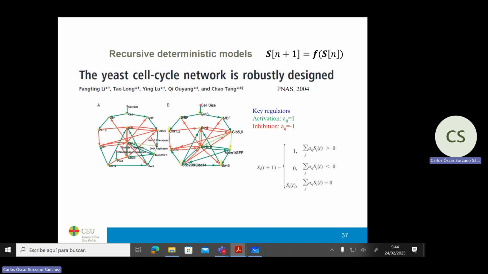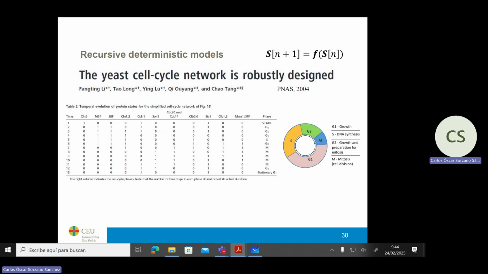And if it is 0, it will stay as it was. Okay. Then they follow how this system would evolve over time. Given a particular pattern, they start with this pattern, and you follow how it evolves, where every row is a new state.